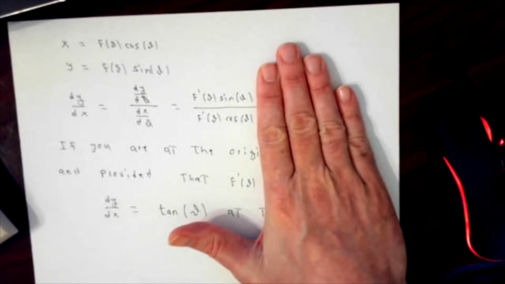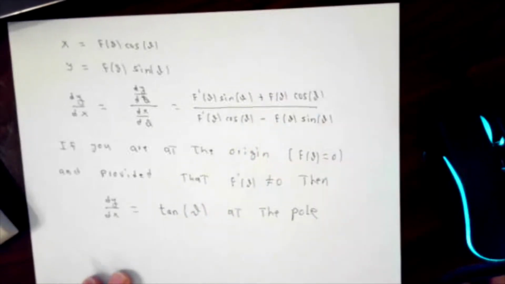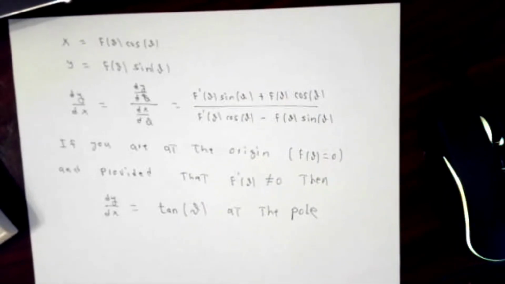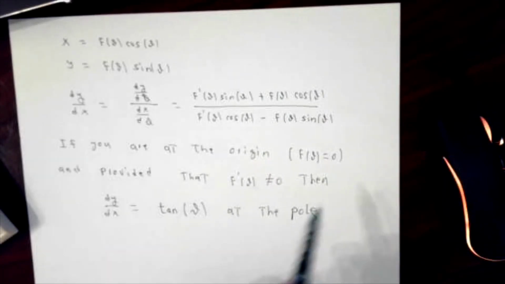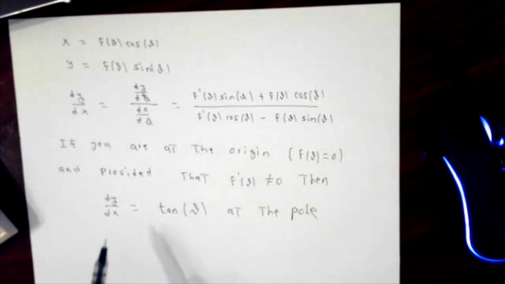Assuming that f prime of theta at that spot isn't 0, you can cancel the f prime of theta out, and all that's going to be left is sine of theta over cosine of theta. So if you're on one of these r equals f of theta graphs and you pass through the origin, given a couple of fairly mild conditions, the dy/dx is just going to be tangent of theta.